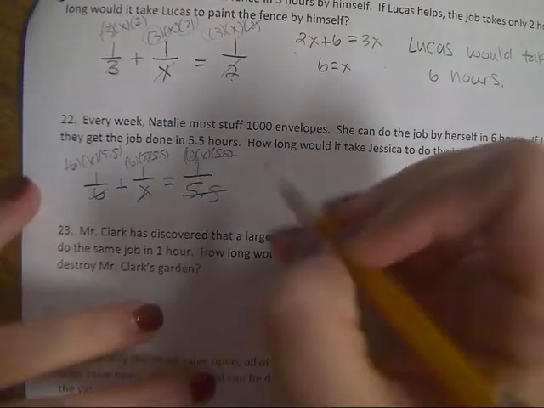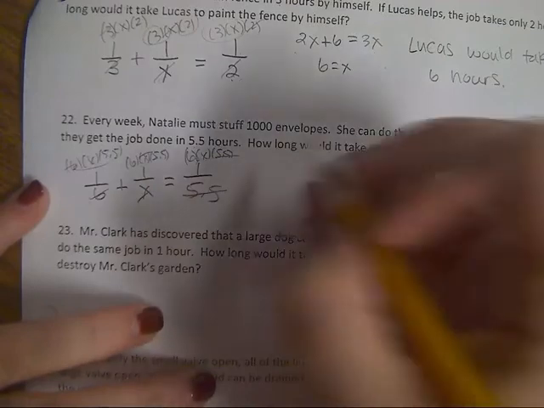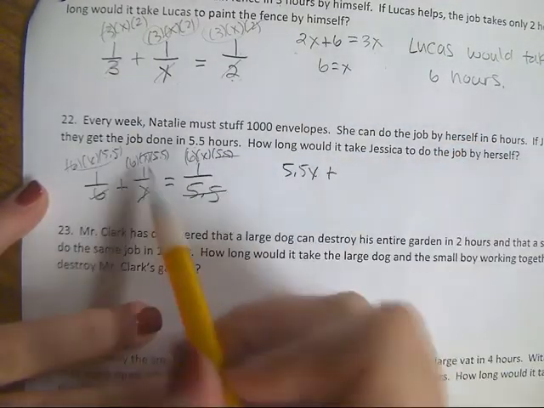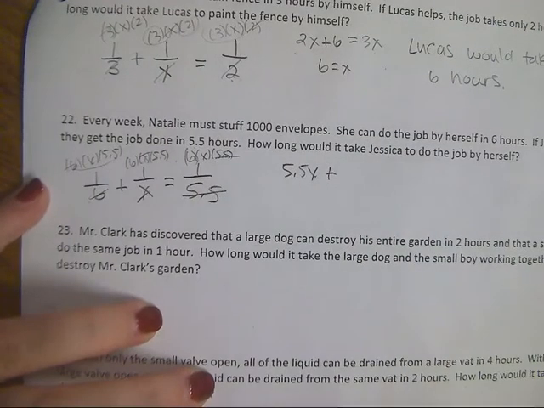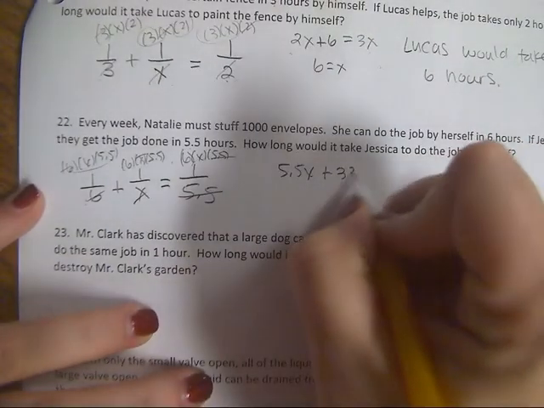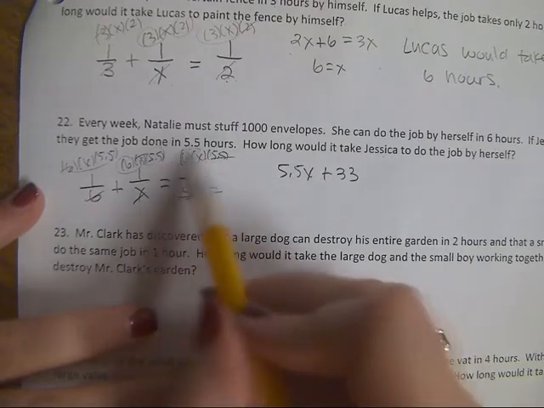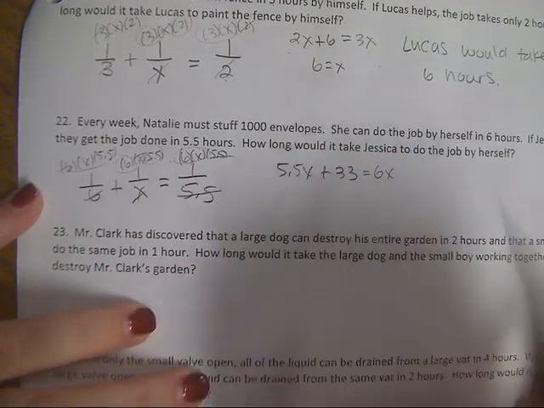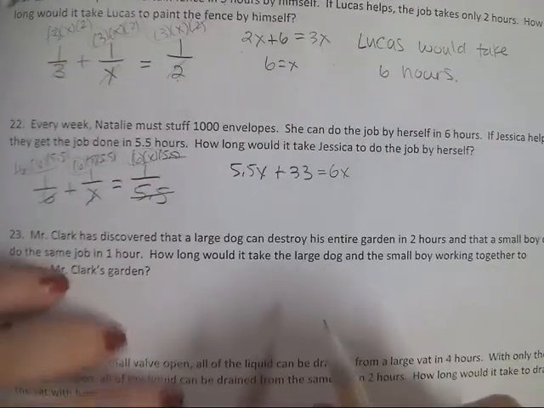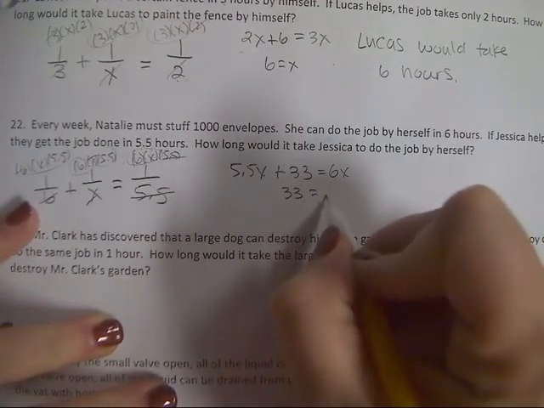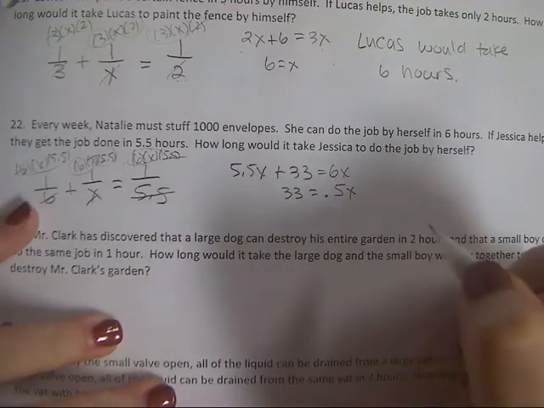So this is going to give me the equation of 5.5x plus 6 times 5.5, which is 33, equal to 6x. All right, let's get x by itself. Let's subtract that over. So 33 is going to equal 0.5x.